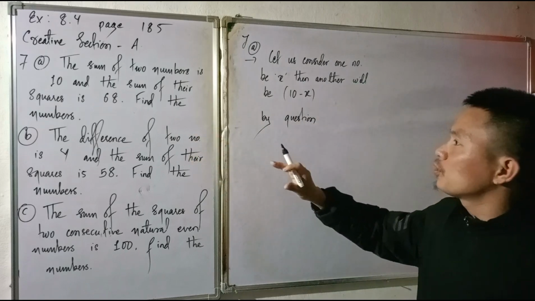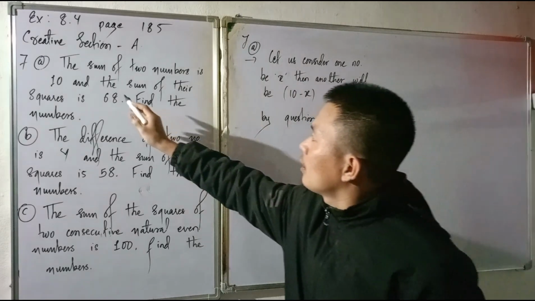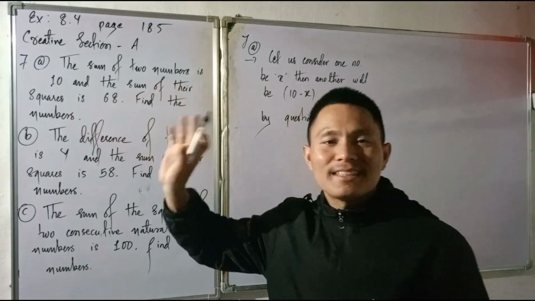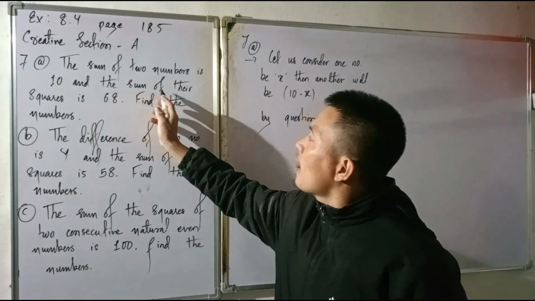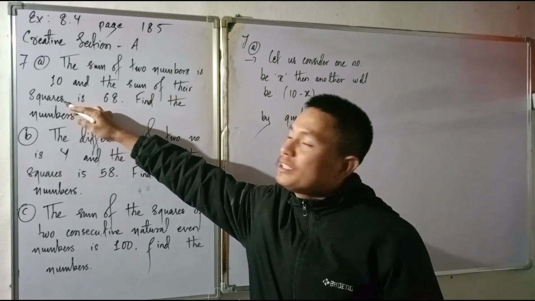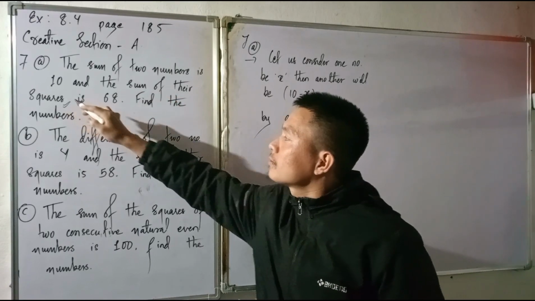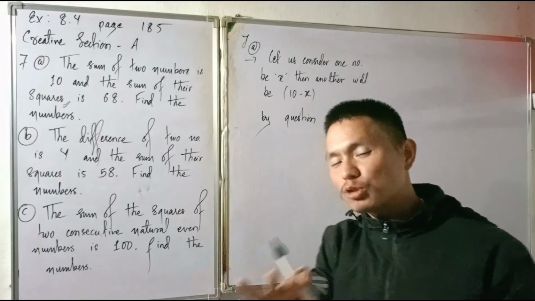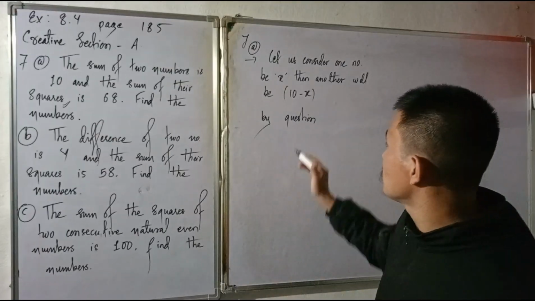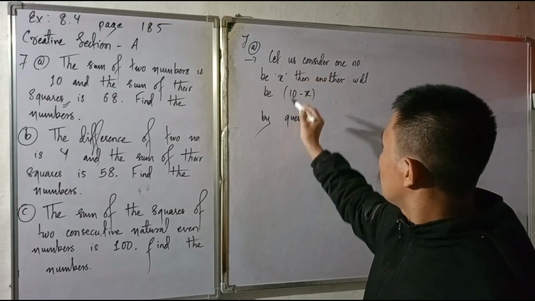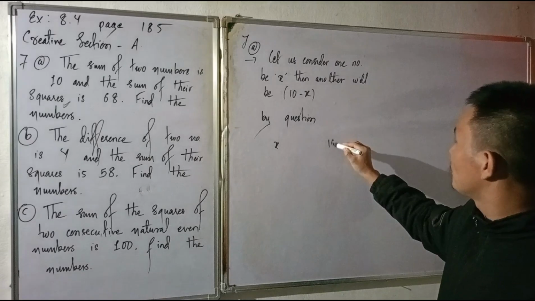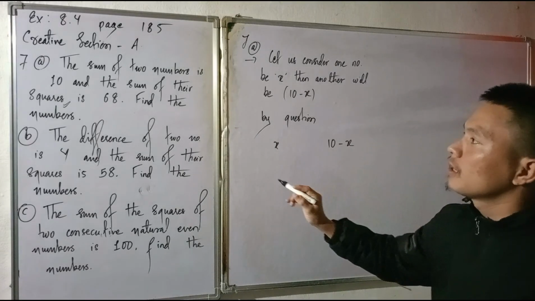By the question, the sum of their squares is 68. The sum of their squares means first you square those numbers, then you add them. If one is x, the other will be 10 minus x.